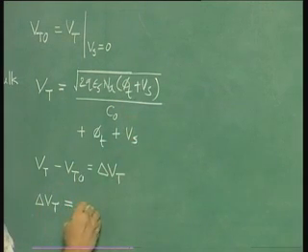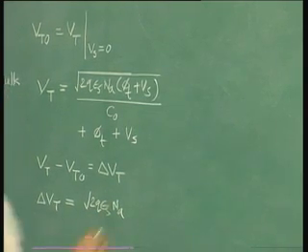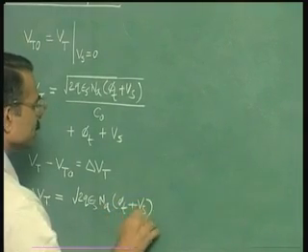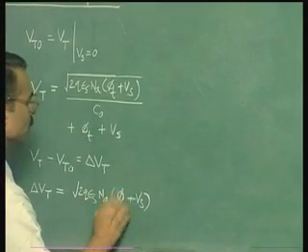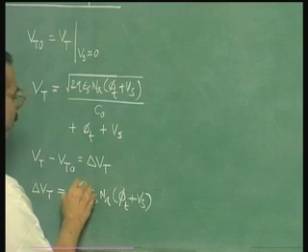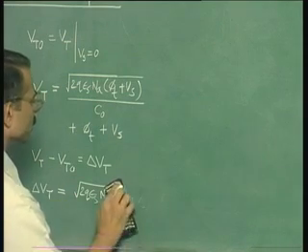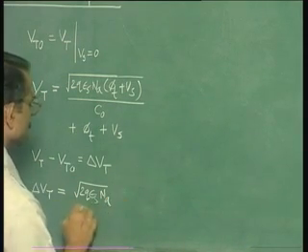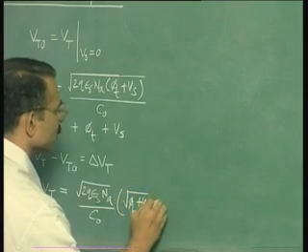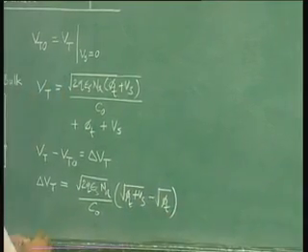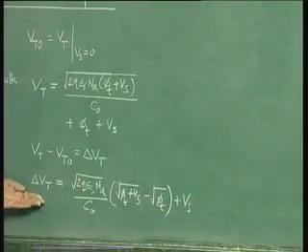Clearly therefore you will get square root 2q epsilon s Na into phi t plus Vs, and we can take this actually out, so this by C naught into square root phi t plus Vs minus square root phi t. This is the delta Vt.